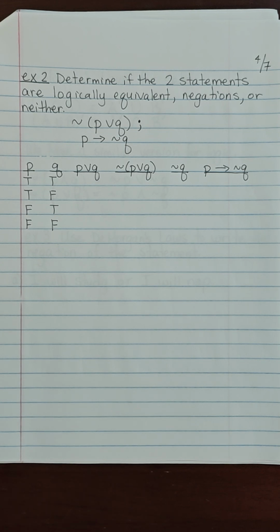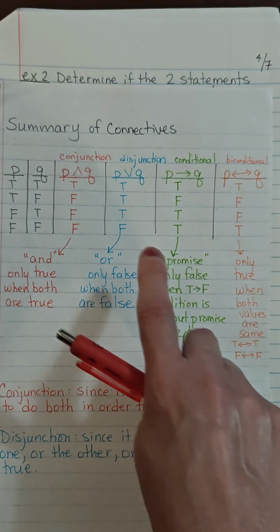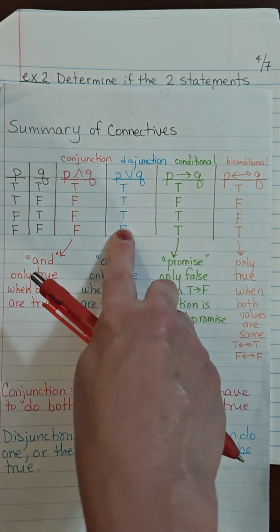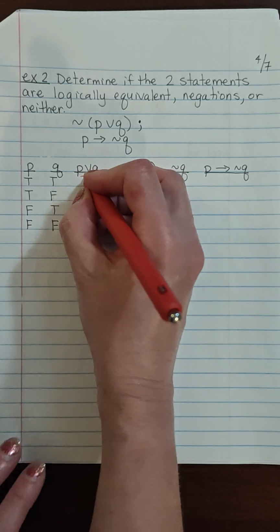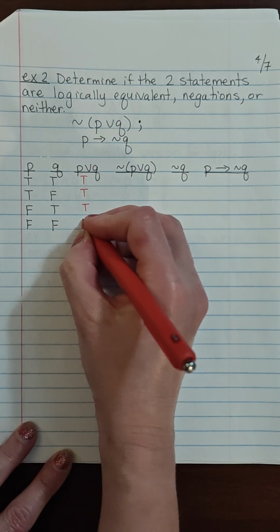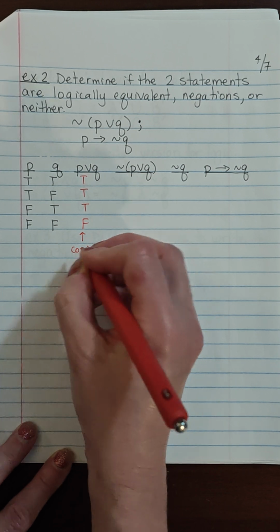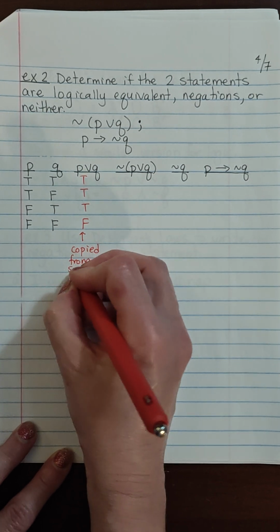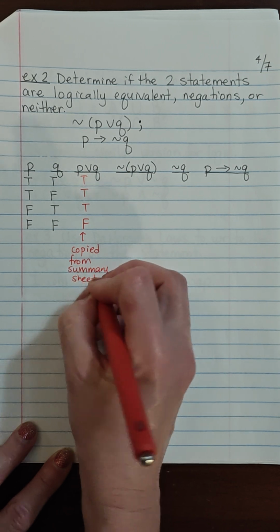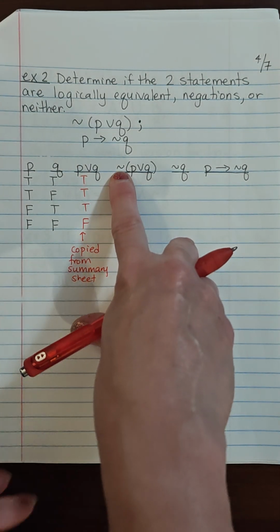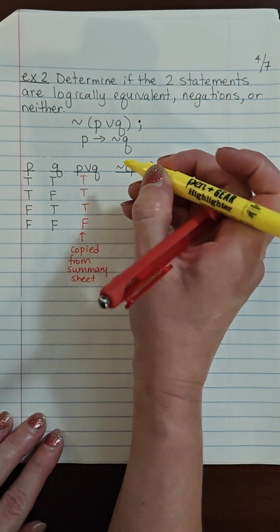All right, let's do it. That's just your standard P or Q disjunction, so we can just copy it straight from the sheet. True, true, true, false. So I copied that from the summary sheet. This is just the negation of that previous column.